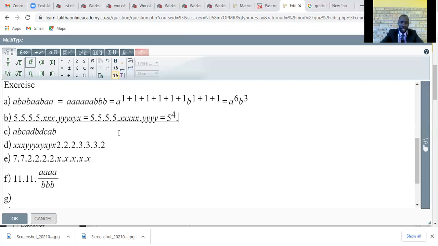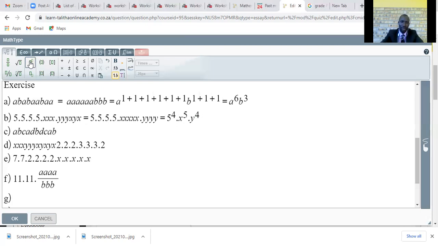X has got how many exponents? 1, 2, 3, 4, 5. So x will be having exponent of 5. Then we move to y. Y has got how many exponents? 1, 2, 3, 4. So we say y with exponent 4. And this becomes our answer.